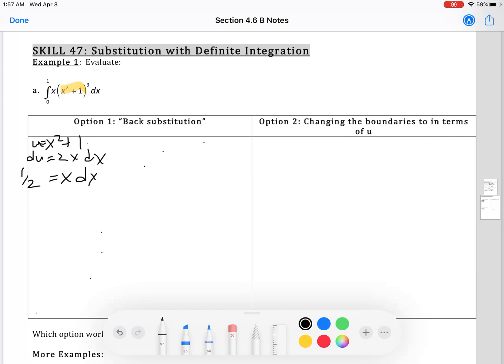Now if I'm setting up a U-substitution integral, I like to put the parentheses first, and then I put the x dx stuff. And then I can see, okay, x squared plus 1, what's inside of the parentheses here, is u.